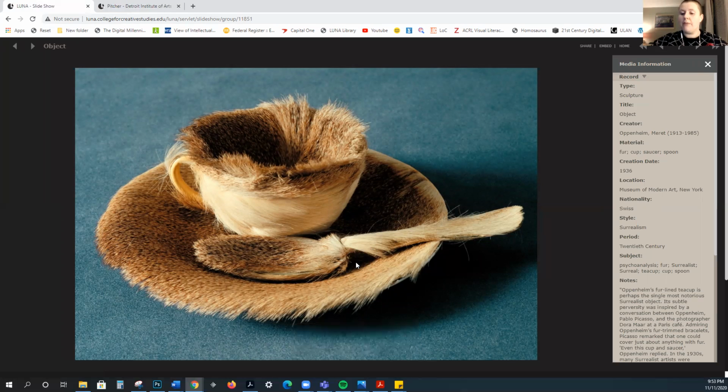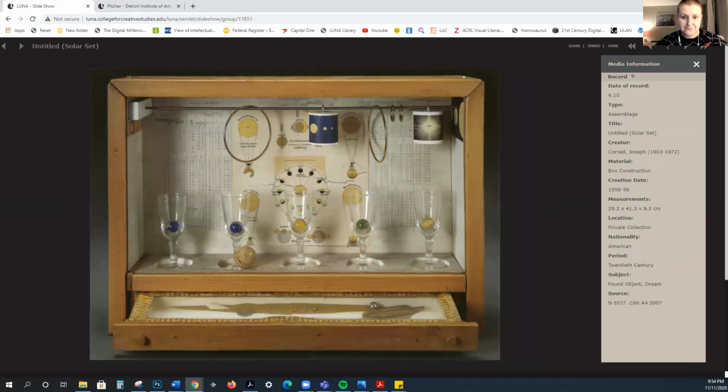You want to reach out and pet it, and conveniently, I am able to pet a cat while I'm looking at this, so it works out well for me. But it's unusable, and there's also symbolism to fur related to sexuality, etc. So it has all of these various elements going through it.